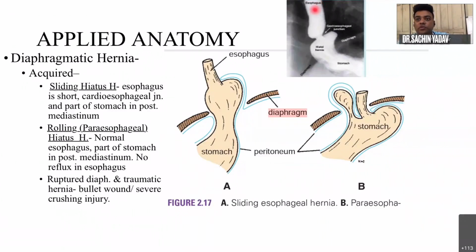This is the esophagus ending here. It is shorter in length, and at the cardiac end there is the lower esophageal sphincter. Then the stomach part, that is the fundus, is going up. You can see the level of the diaphragm is here, and this is the level of the esophageal hiatus. So you can see how the short esophagus is pulling the stomach inside the thoracic cavity.